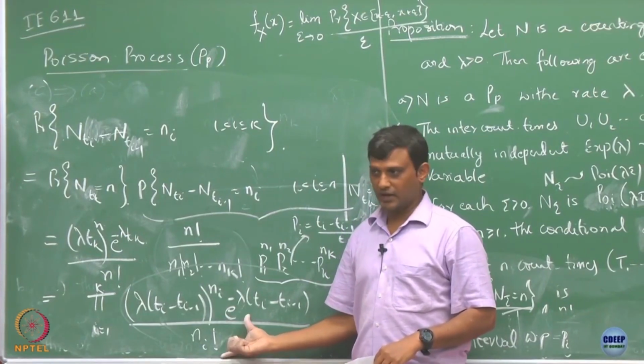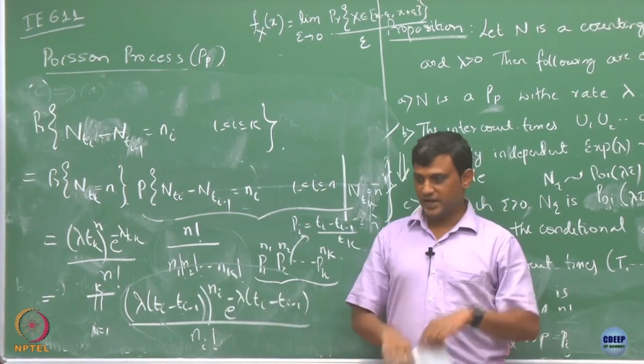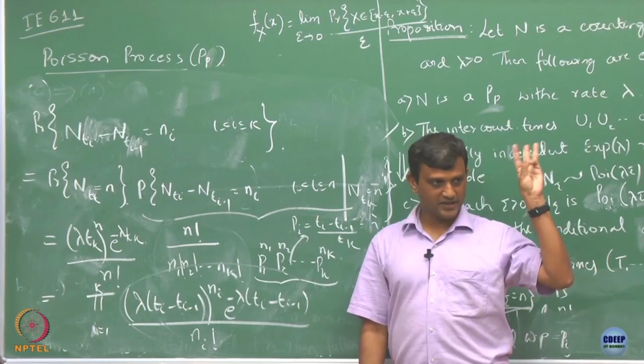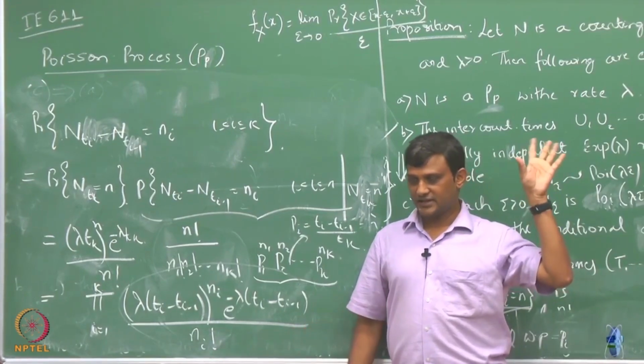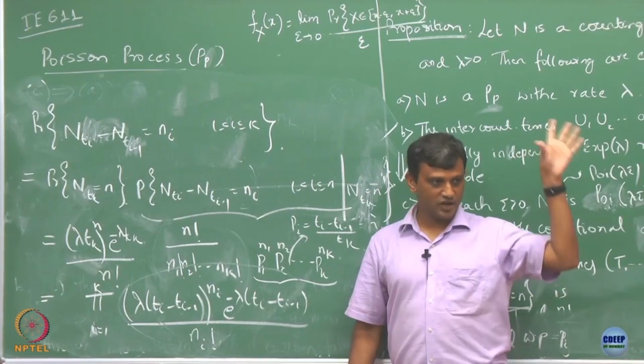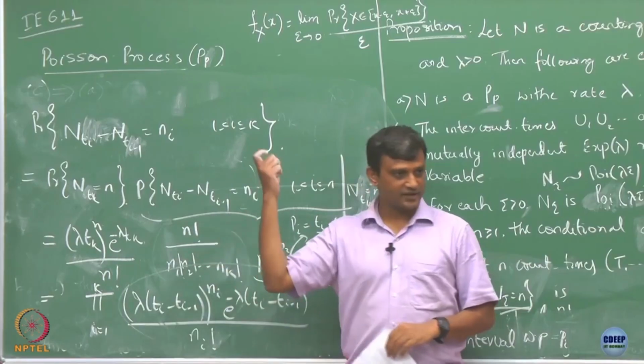So is it clear that by expressing this I have been able to show both the second and third properties, that is, independent increments and that each of these random variables is Poisson distributed with rate lambda times the length of the intervals?